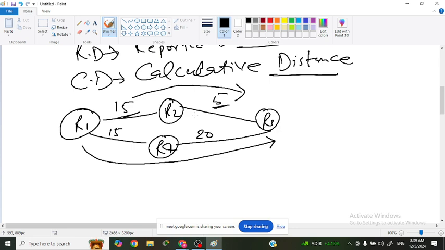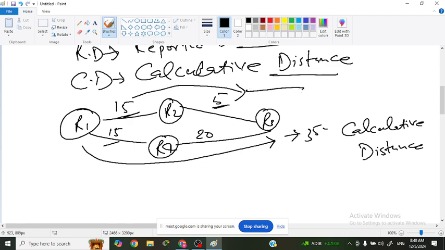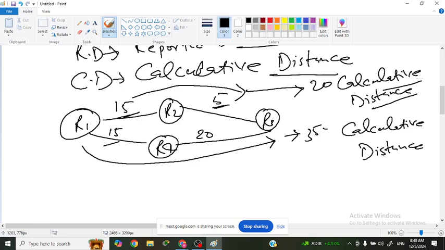Okay. So calculated distance is the total distance. Means 15 plus 20, 35, will be called the calculated distance. 15 plus 5, 20, will be called the calculated distance. So did you guys understand the meaning of calculated distance? It means the total distance from a source to destination.